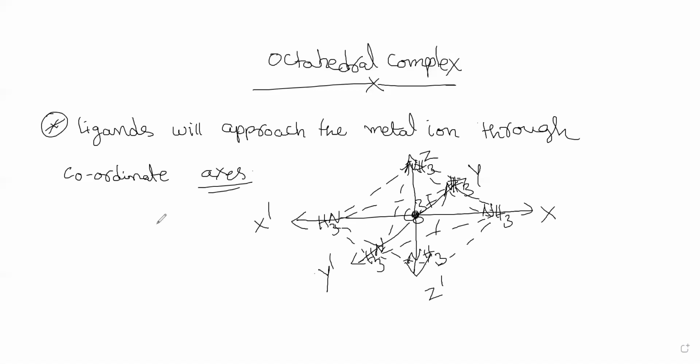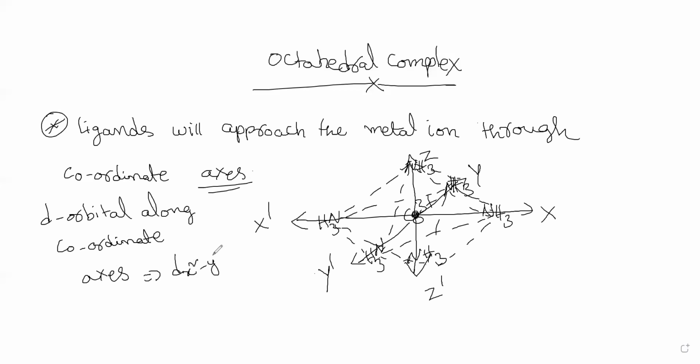Now what happens? Because they are approaching along the coordinate axis, the d orbitals along the coordinate axis are affected. What are the d orbitals along the coordinate axis? dx square minus y square and dz square are the two orbitals which are along the coordinate axis.